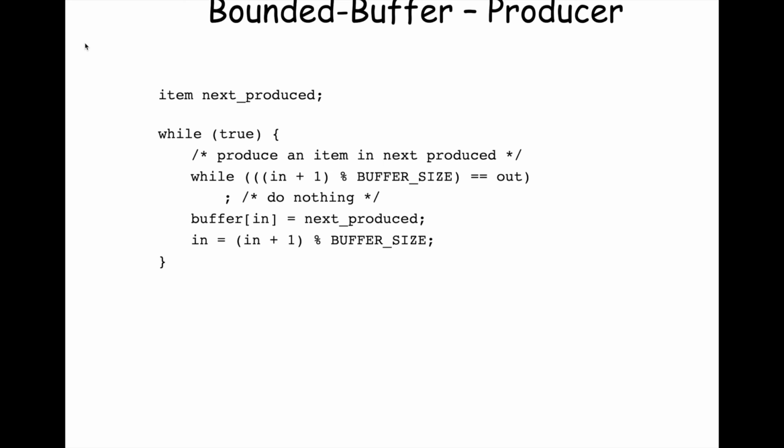So once you get to 9, if buffer size is 10, in plus 1 is 10, modulo 10 is 0. And to remind you, modulo just means the remainder, okay? And so this is how you'd implement this bounded buffer on the producer side, that's the process that's putting data into the shared memory. Okay, any questions about this?